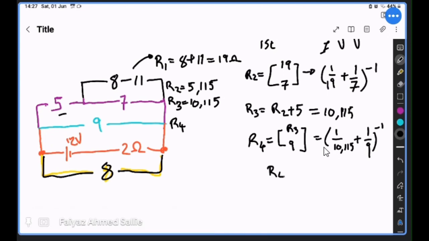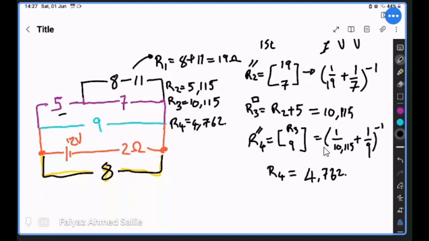So this is parallel, this is series, and that's parallel. So R4 is 1 over 10.115 plus 1 over 9 to the power of minus 1, which is equal to 4 comma 762. So R4 is 4 comma 762.